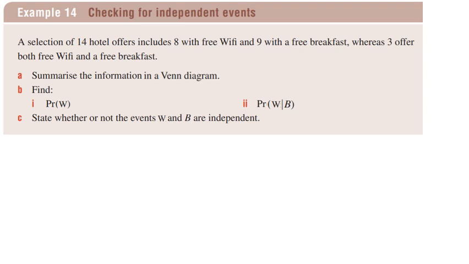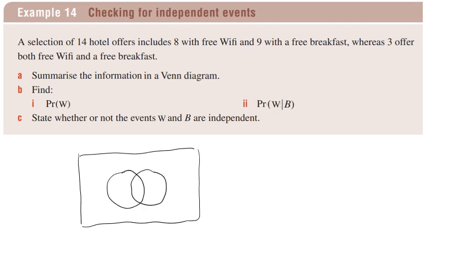Last example. A selection of 14 hotel offers include 8 with free Wi-Fi and 9 with a free breakfast, whereas 3 offer both free Wi-Fi and a free breakfast. Summarise this information in a Venn diagram. Okay, so we've either got Wi-Fi or breakfast.